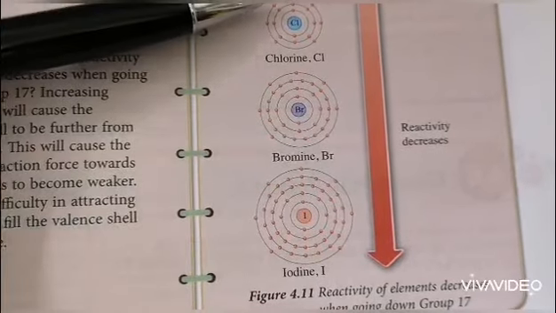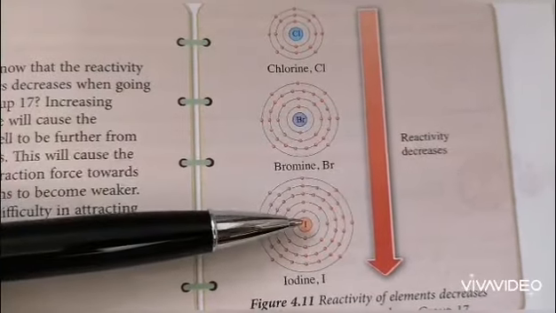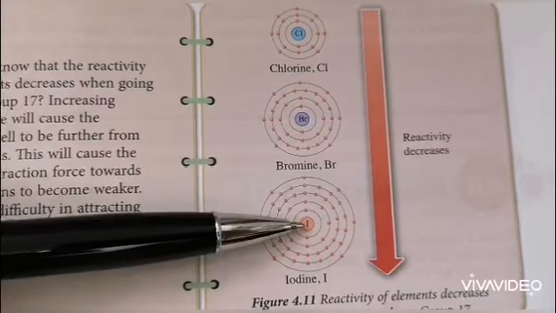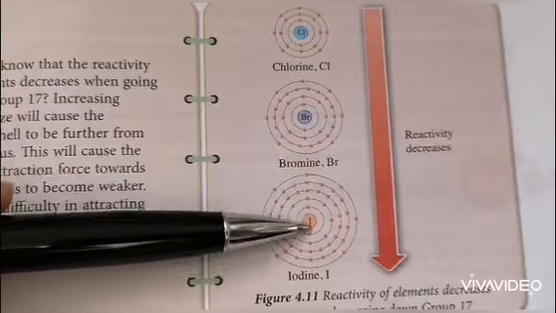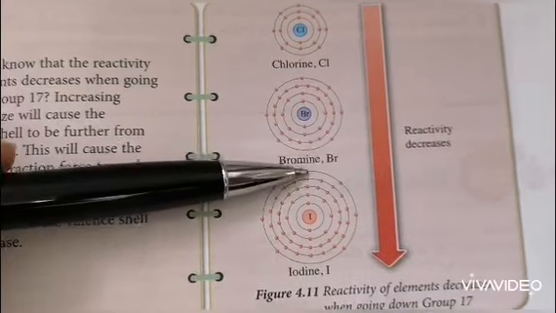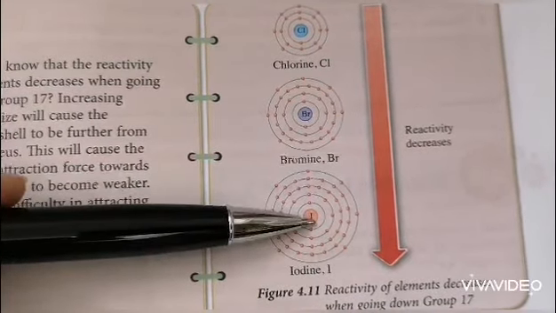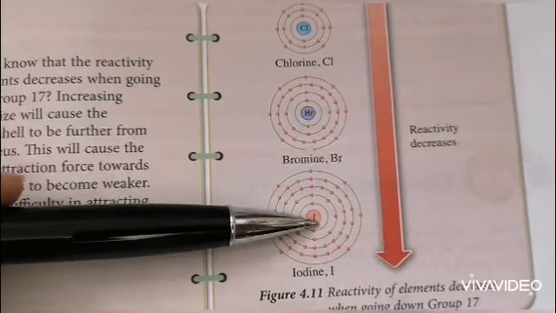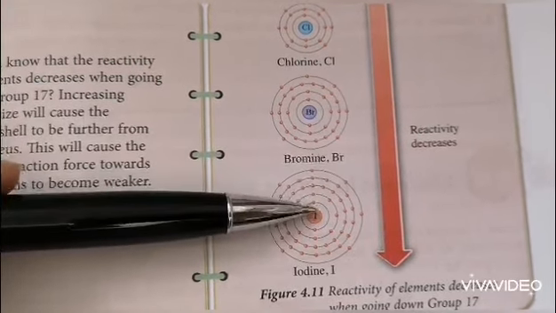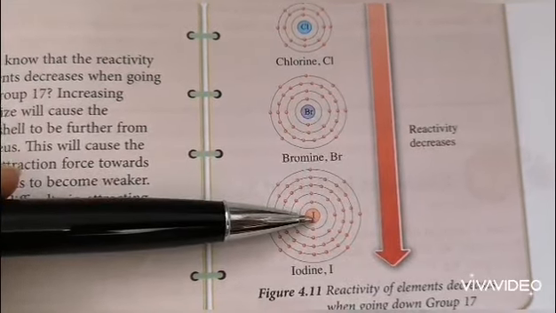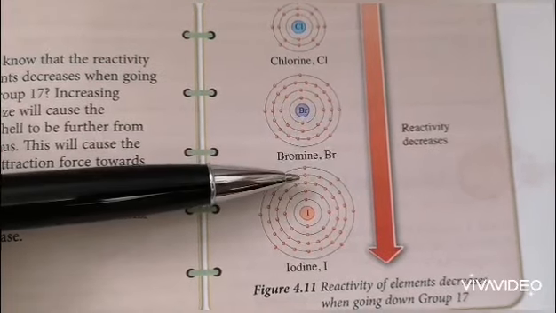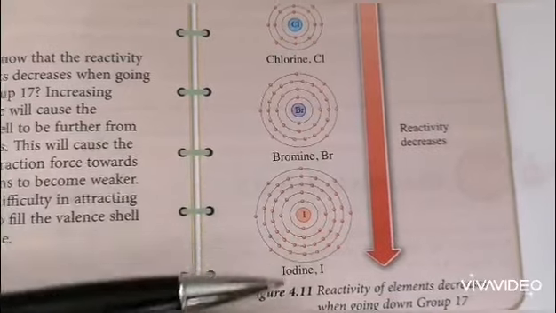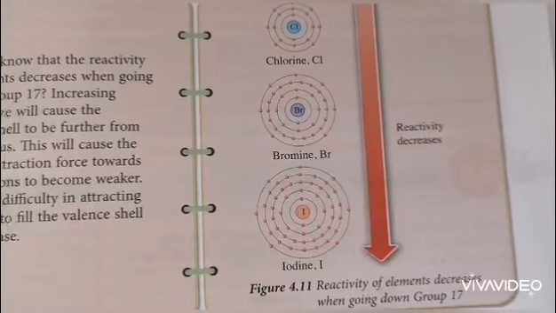Why is iodine atom less reactive compared to chlorine atom? Because the distance of the nucleus and the valence electron is much further. So the attraction force between nucleus and valence electron is weaker.